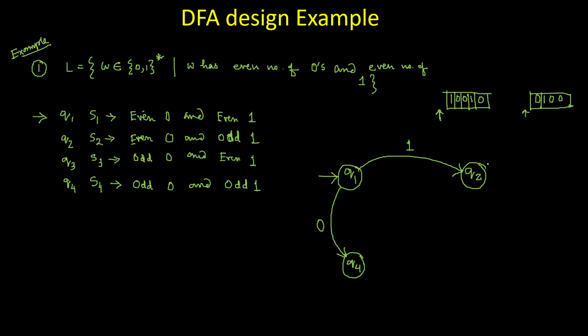Now consider state Q2. Q2 means even 0 odd 1. If you are in Q2 and you get a 1, the odd 1 will become even, while the number of 0s remains even.